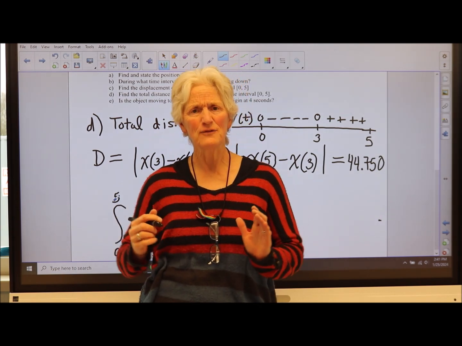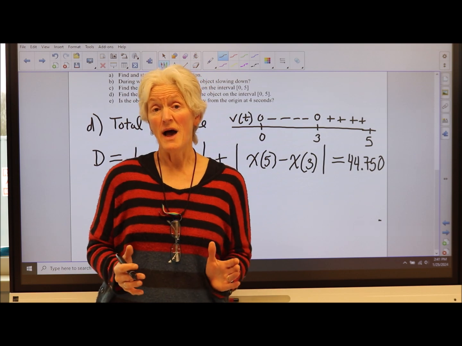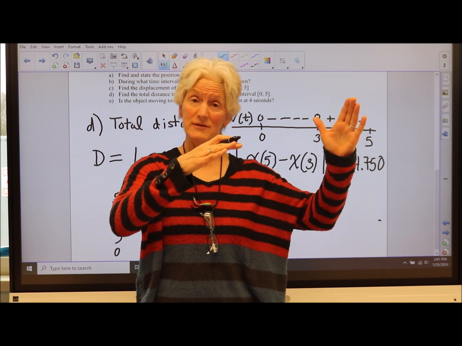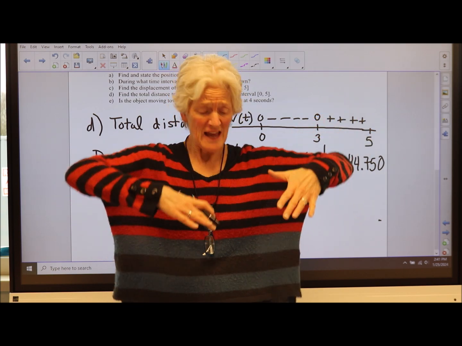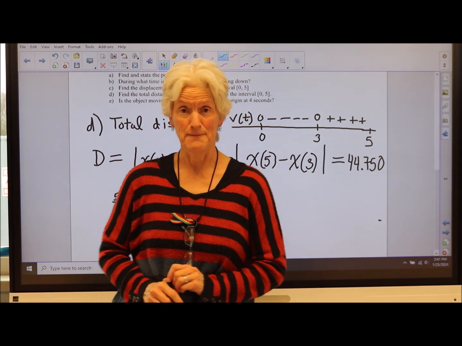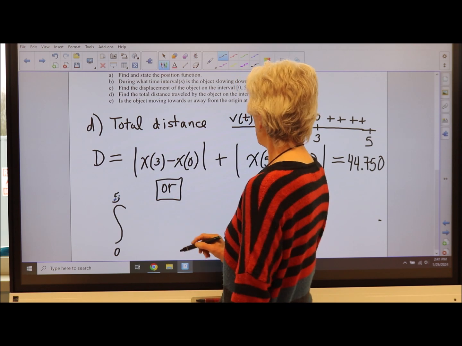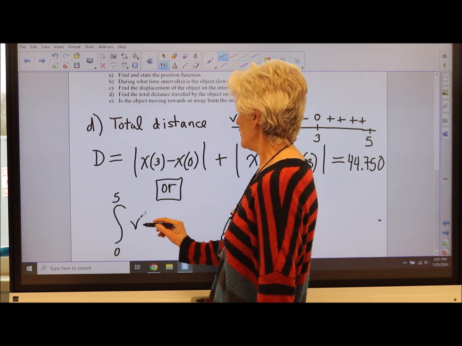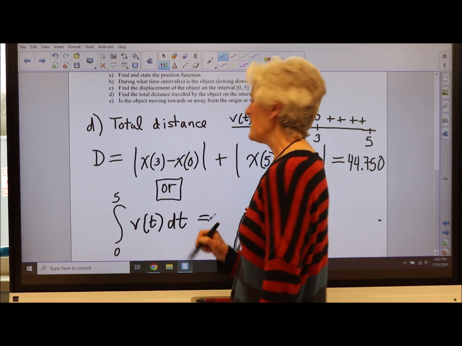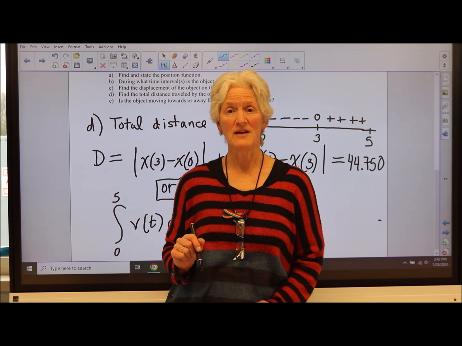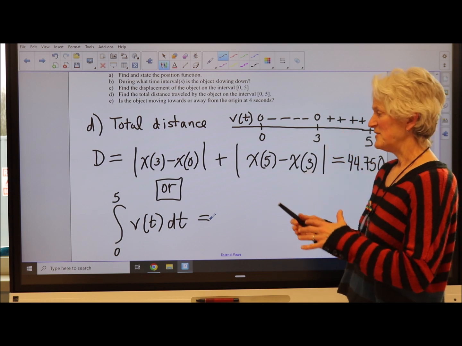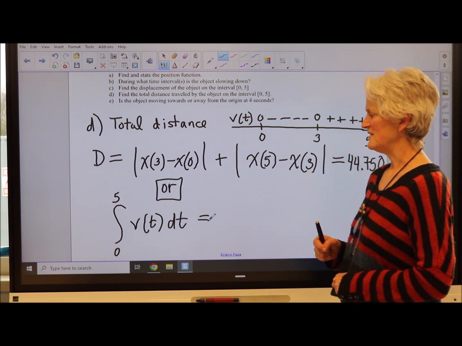By signed, of course, I mean area above the x-axis is positive, and area below the x-axis is negative. So if I took the integral from 0 to 5 of my velocity, that would give me my displacement, right? That would take my positive area and my negative area and add them together, my change in position. We already talked about that.